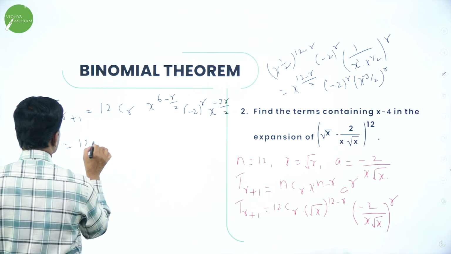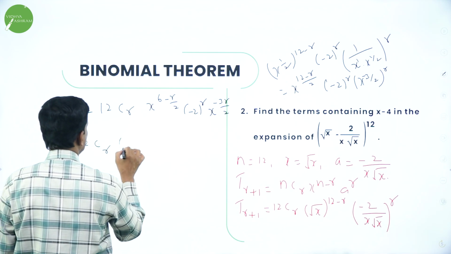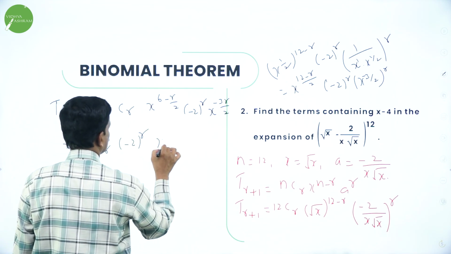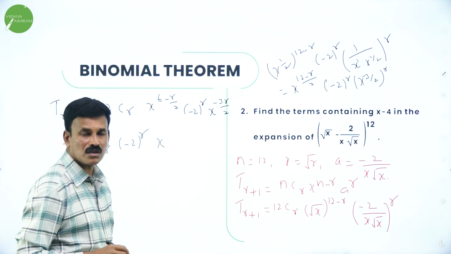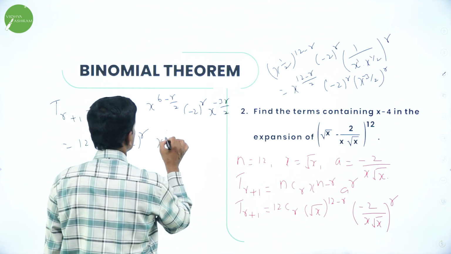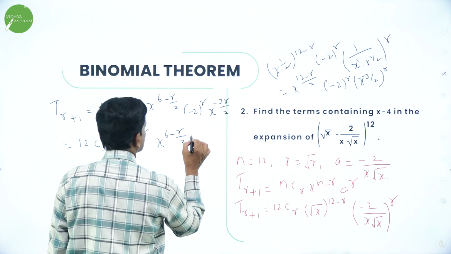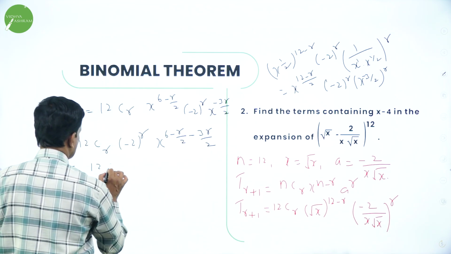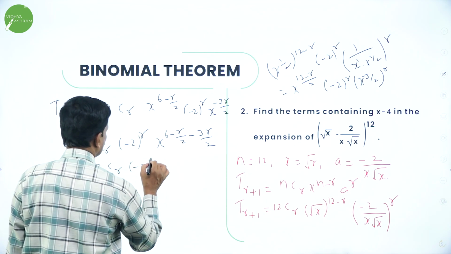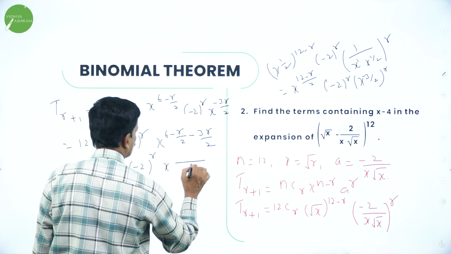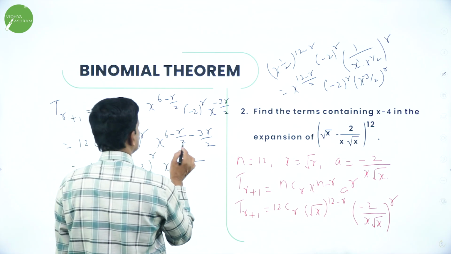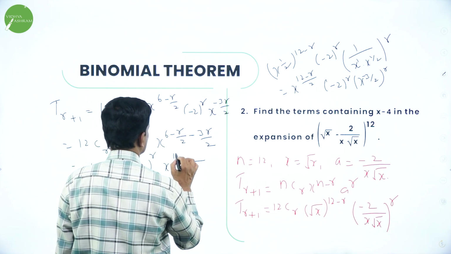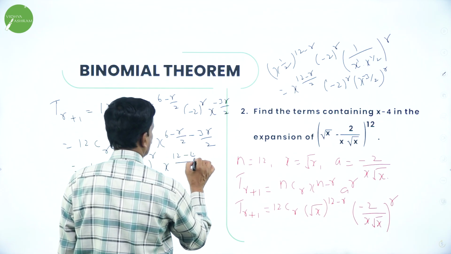So this is 12Cr minus 2 to the power of r into x to the power of 6 minus r by 2 minus 3r by 2. Applying the law of indices and taking the LCM, 12Cr minus 2 to the power of r into x to the power of, 2 is the LCM, so 6 twos are 12 minus 4r.